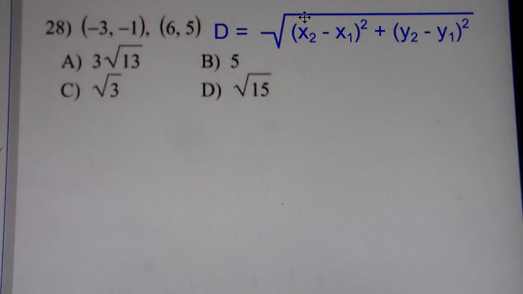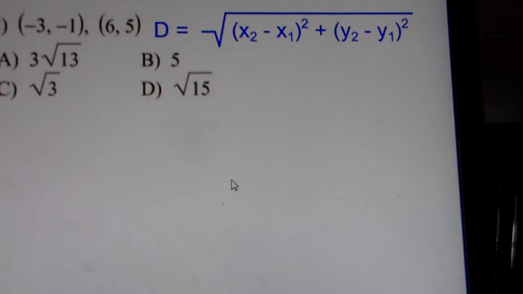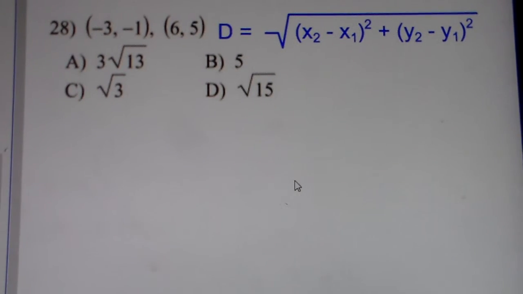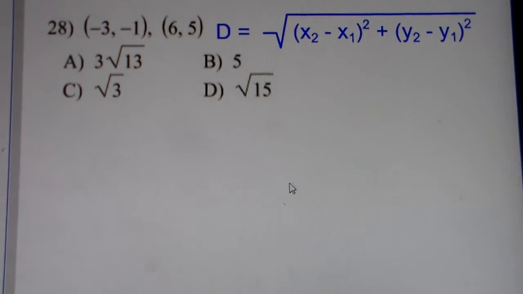Number 28. With 28, this is one more problem of these distance formula problems. Then we can move on to the next topic here. You got X1, Y1, X2, Y2. X2 minus X1. 6 minus a negative 3 is 9. 9 squared is 81.